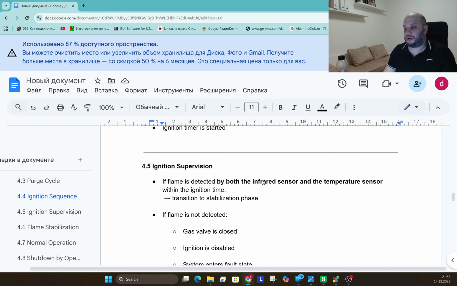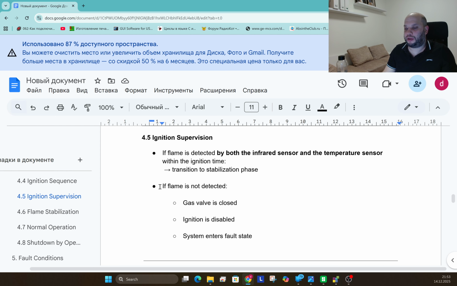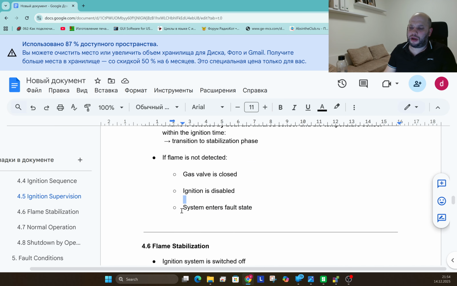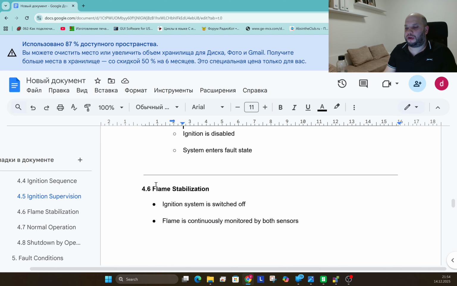Maybe one sensor is broken, or there is some kind of problem with the burner, so we don't want to continue, and we close the solenoid valve, switch off the ignition and the system goes into the fault state. I think we can do everything in the fault state, so if the system goes to fail state, this will definitely be off.